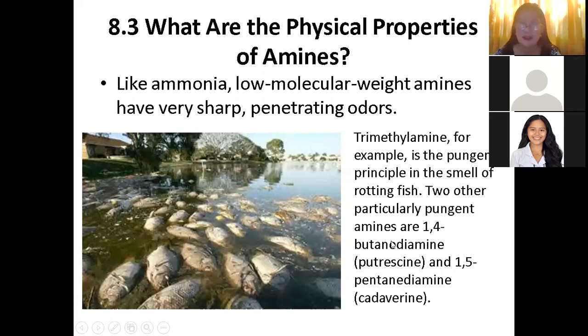Kanang magsugod na o rancid ang isda, ang naaana nga chemical component is the 1,4-butane diamine, or the putrescine. The common name is putrescine, or the 1,5-pentane diamine, which is known by the common name cadaverine, meaning it's a dead body, no? Dead fish, like that is the rotting.